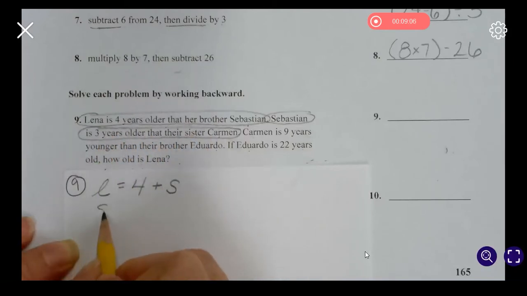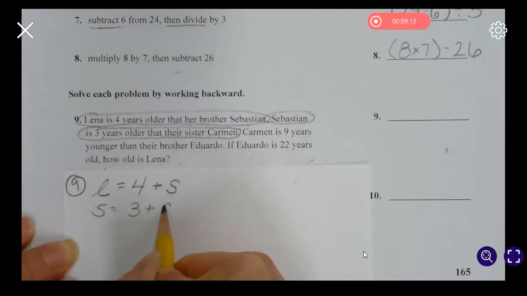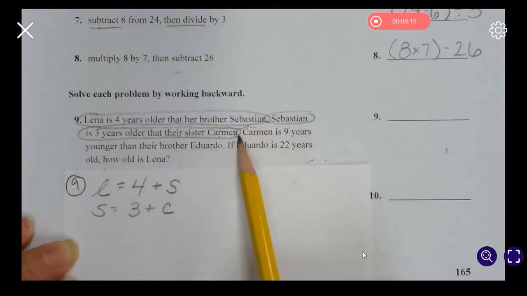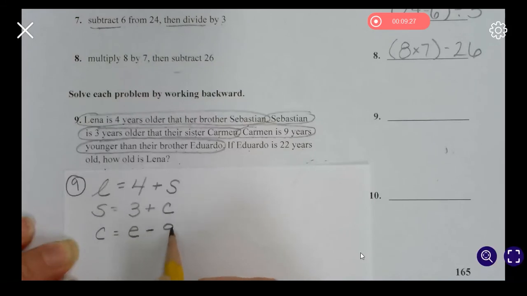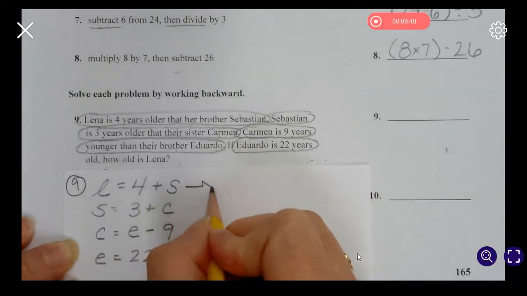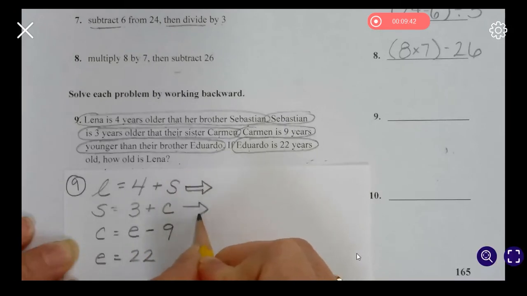So Sebastian equals 3 plus C. Carmen is 9 years younger than their brother Eduardo. So Carmen equals Eduardo minus 9. And Eduardo is 22 years old. So Eduardo equals 22. All right, so let's see what each person is going to equal here.